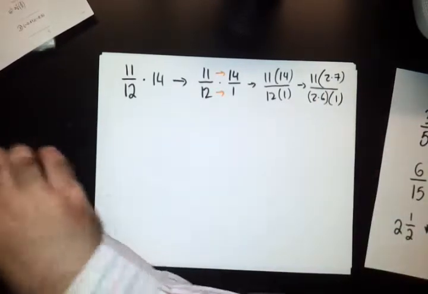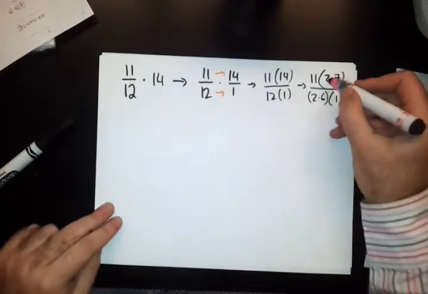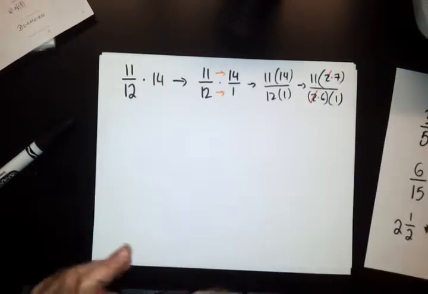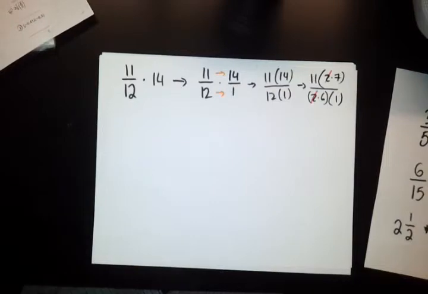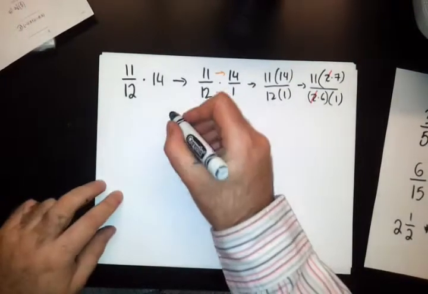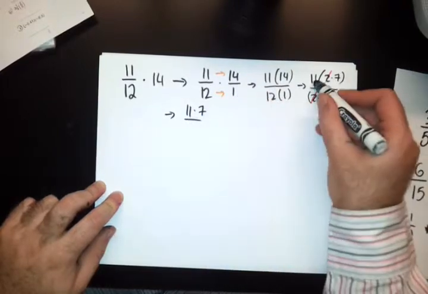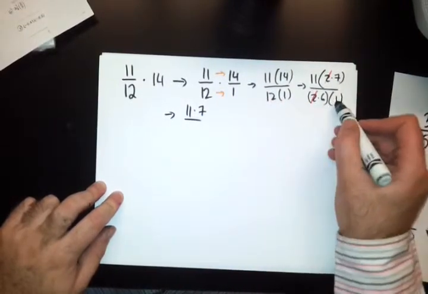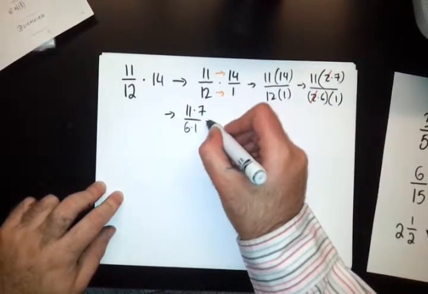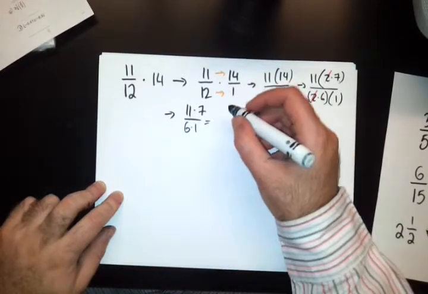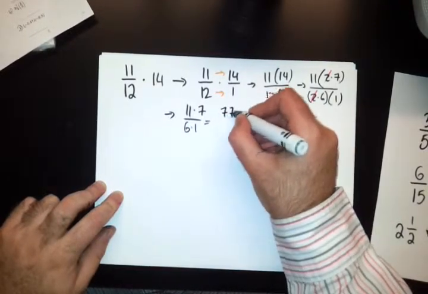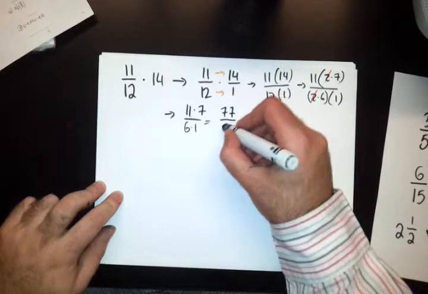Now, 2, 2. I eliminated that 2. So what's left in the top? An 11 times a 7. Down here we have 6 and a 1, 6 times 1. 11 times 7 is going to give us a 77. 6 times 1 is 6.